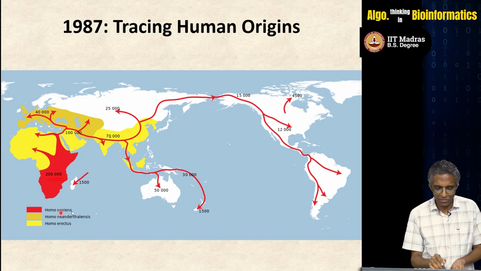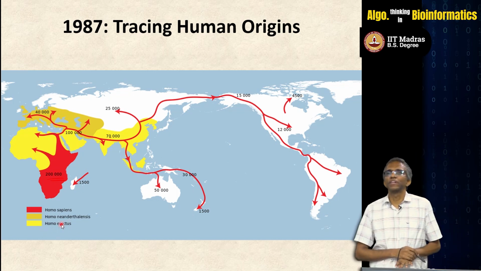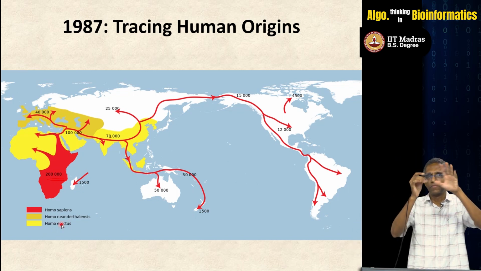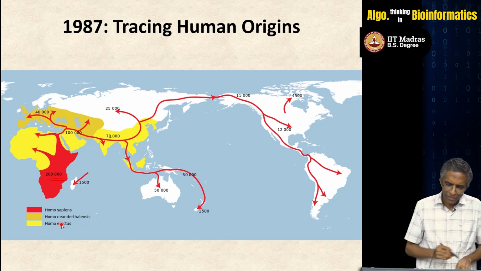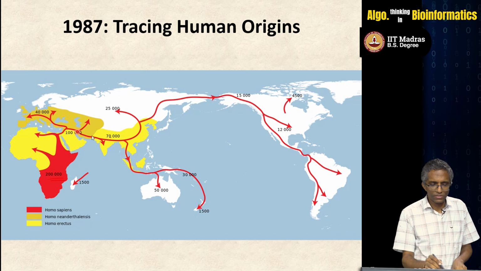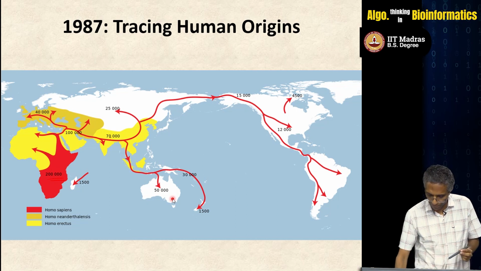The current-day species is Homo sapiens, and there are also Homo neanderthalensis and Homo erectus. These are other common ancestors from which the apes and humans have diverged. And you can see here that based on the sequences you can even predict the way in which human beings have migrated out of Africa.